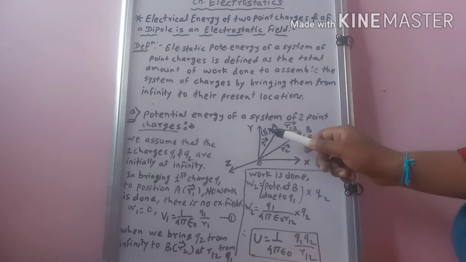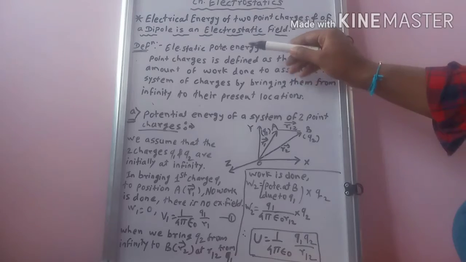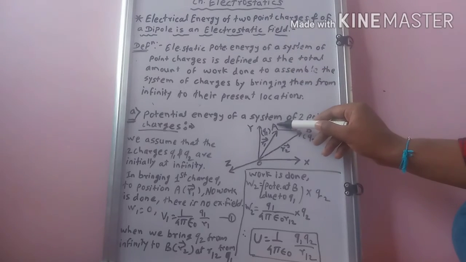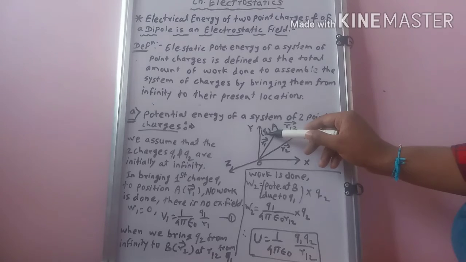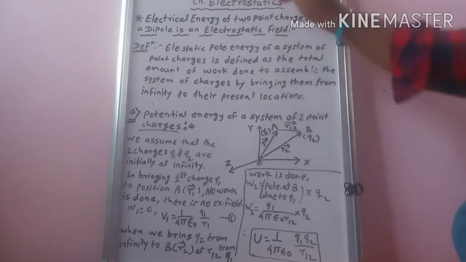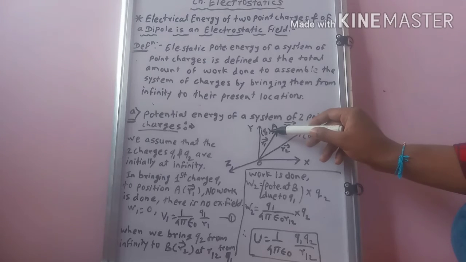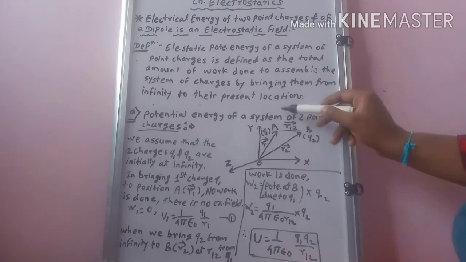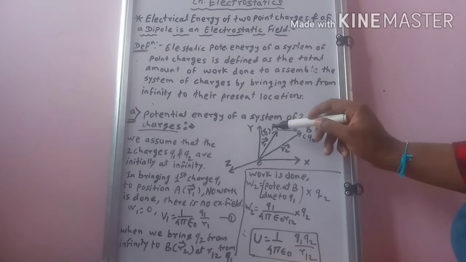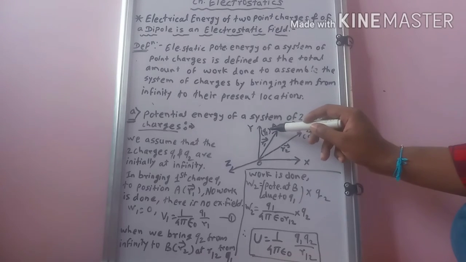Firstly, charge Q1 is brought from infinity to the location A. The work done is zero because near Q1 no external field is present.